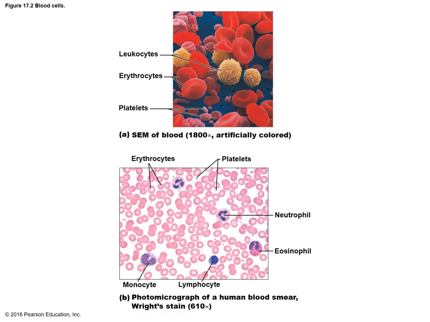We'll talk about those in a moment. Those are all specific types of white blood cells. And then those little teeny tiny purplish pink dots, those are the platelets. Much smaller than the other two cells because, as I said, they're only cell fragments.